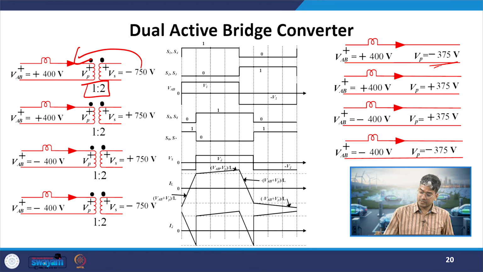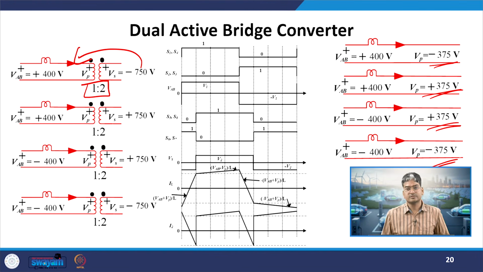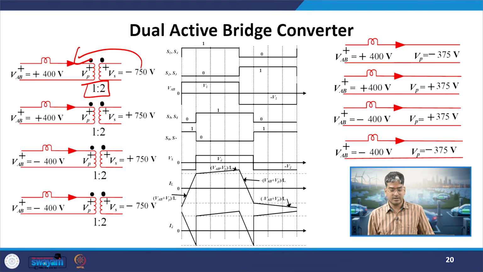The reflected voltage magnitude will decrease from 400 to 375 because the output battery bank is now no longer at full SOC. So, it is discharged. So, it is having lower voltage. Okay. So, now what will happen? What changes will be observed when we see this type of loading on the DAB?